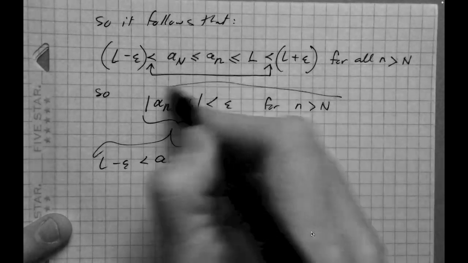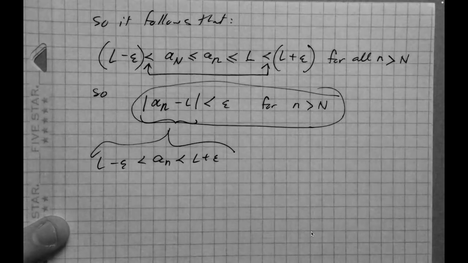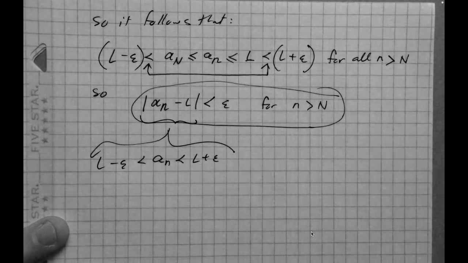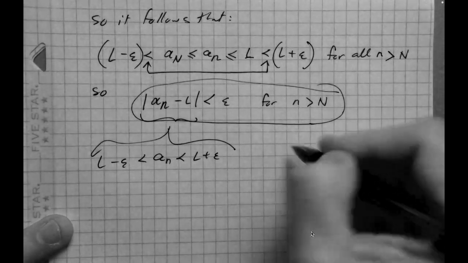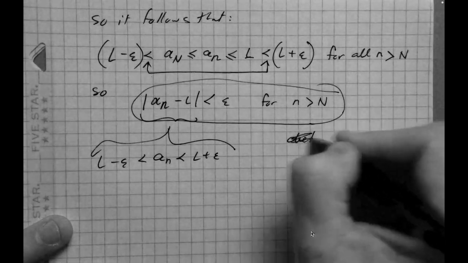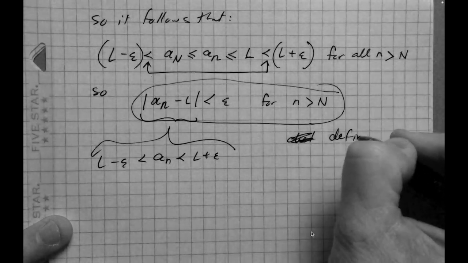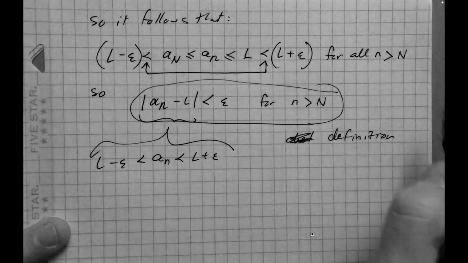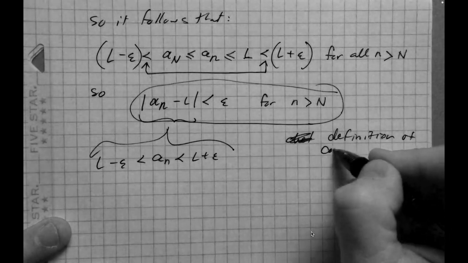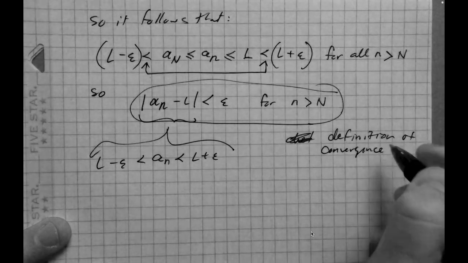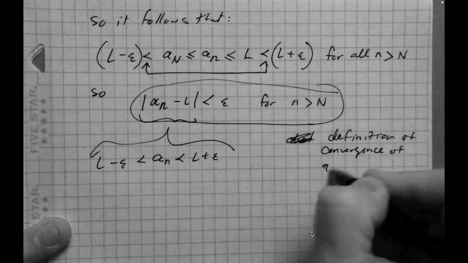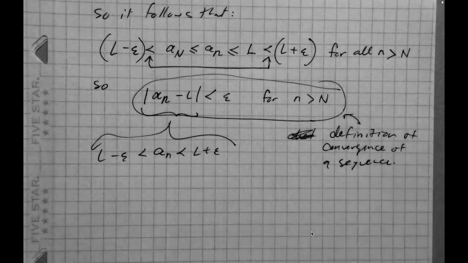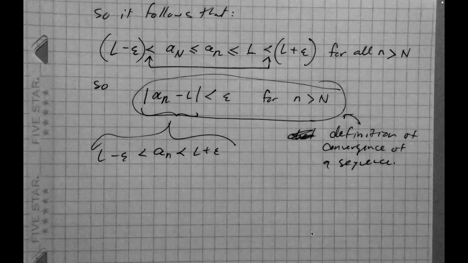So we've got this fact right here, and what is this? Well, this is the definition of convergence of a sequence. And this is for all epsilon greater than 0, which was given at the beginning.